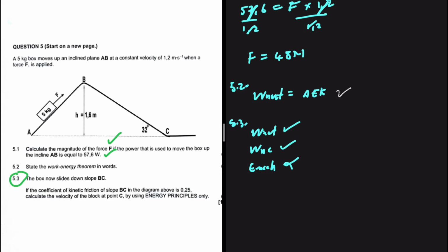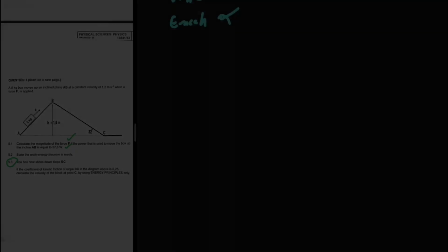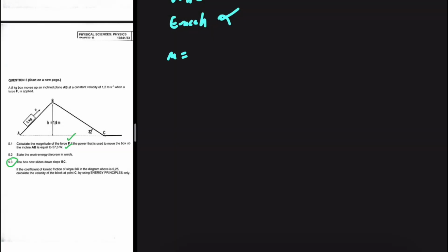So now we're left with work net and work non-conservative. Let's write the information we have down and see which formulas we need to use. We have the coefficient of kinetic friction. It is 0.25. We have our angle theta, which is equal to 32 degrees. We have our height, which is equal to 1.6 meters. What else do we have?